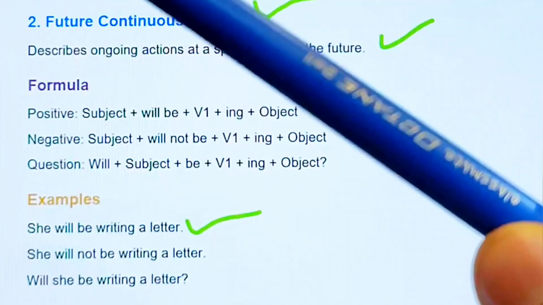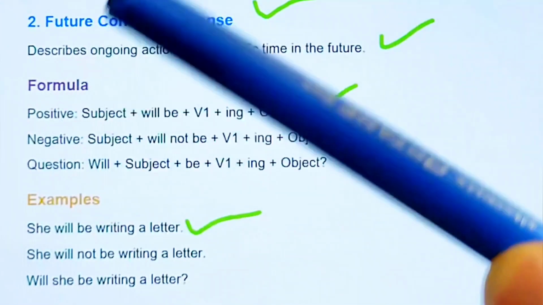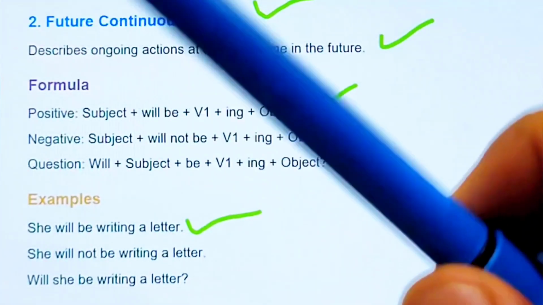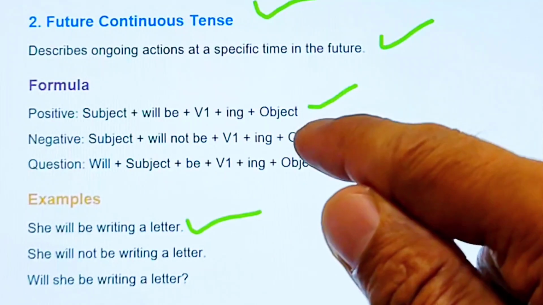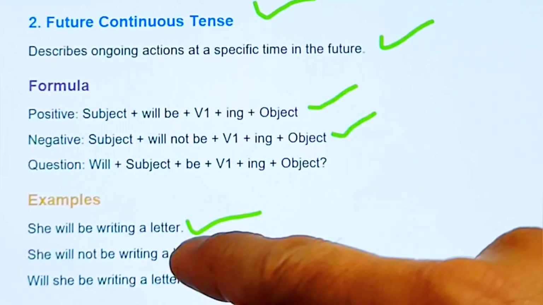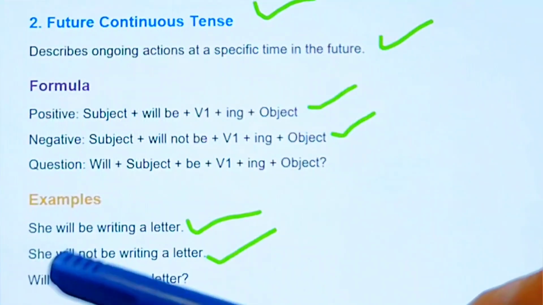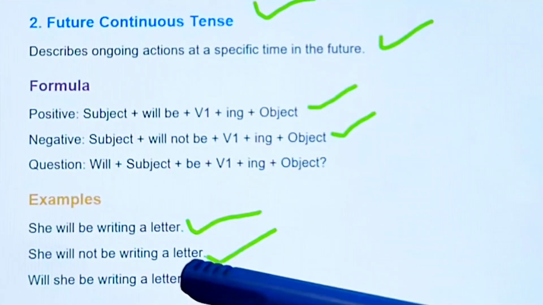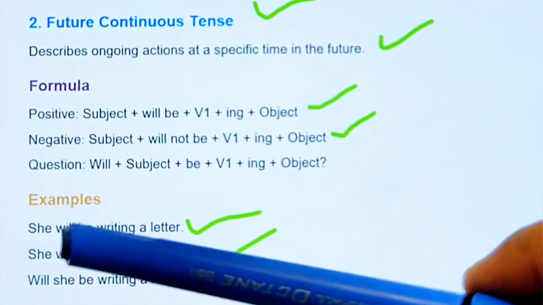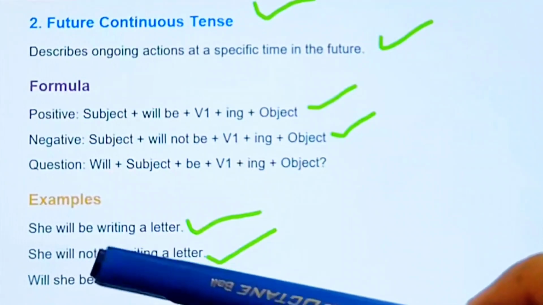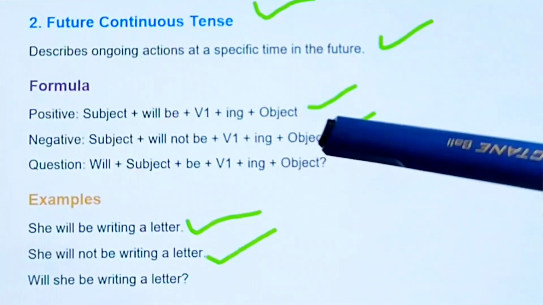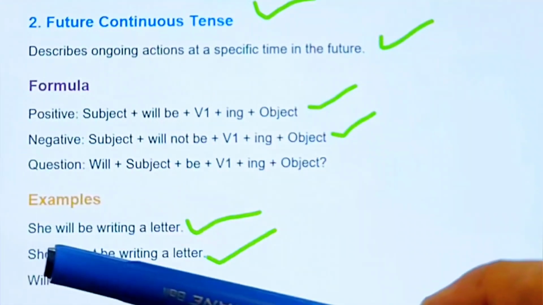If we have this sentence in a negative form, then we use this formula and we have this example: she will not be writing a letter. Let's explain this negative sentence with the formula.